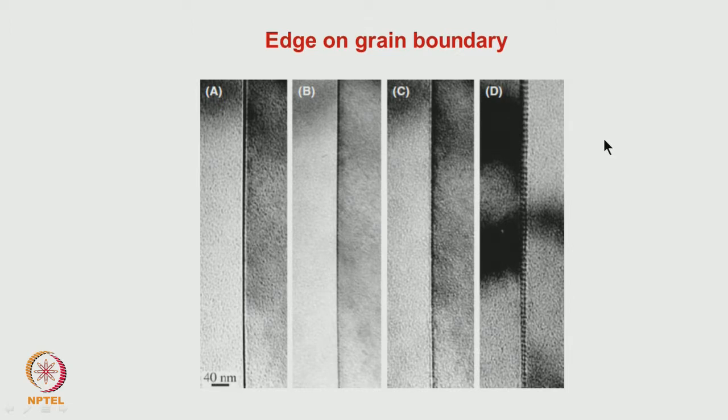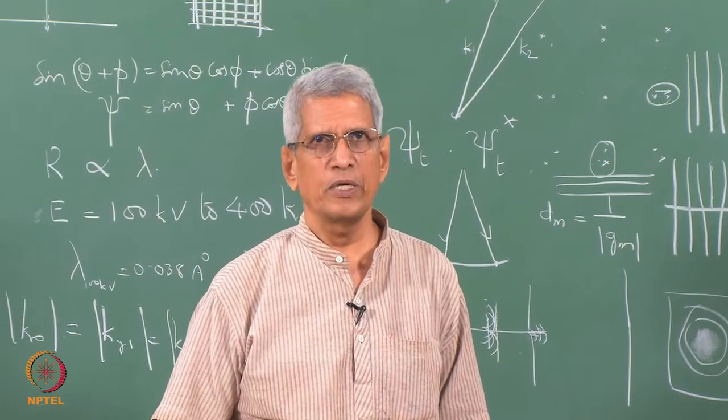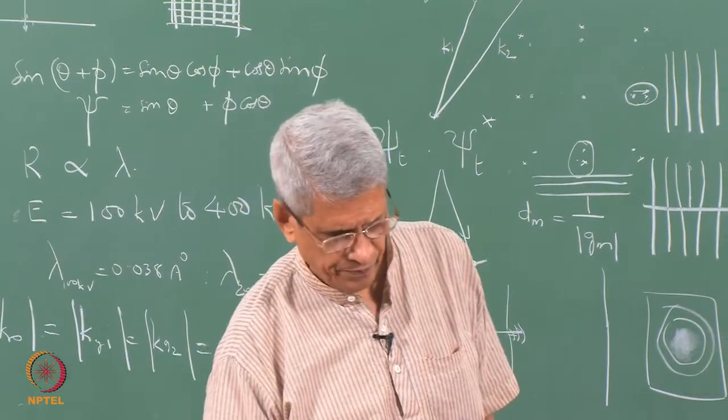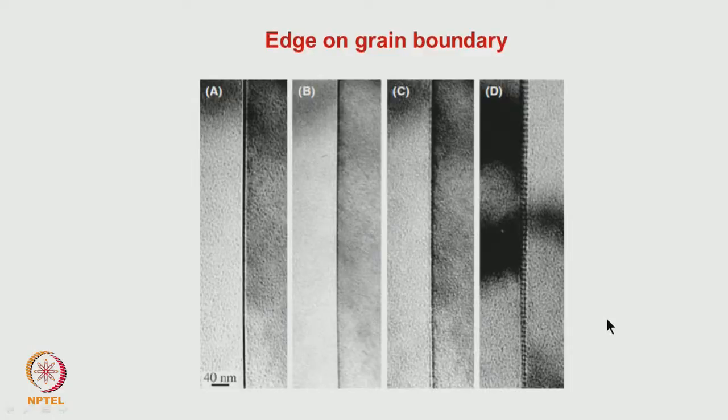So, you can understand that this Fresnel fringe contrast can be used to get a lot of information about the different types of boundaries. But to understand them completely, why they arise and what sort of boundary it is, we have to do some computer simulations, which is very much necessary. That part is beyond the scope of this lecture, but the basic image simulation required for high resolution I will be talking about in later classes.